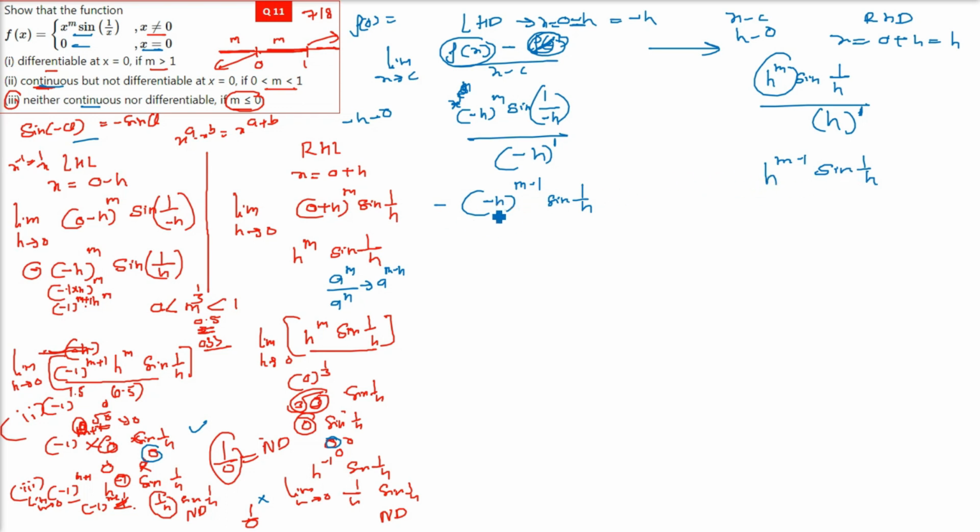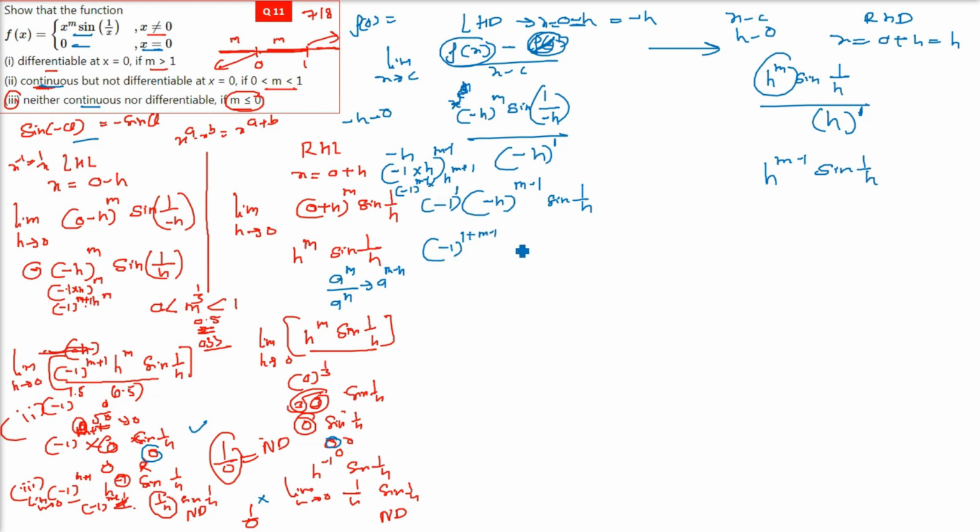If we make them equal, we just have to prove it once. So minus h can be written as minus 1 into h, raised to the power m minus 1. So minus 1 to the power m minus 1 into h raised to the power m minus 1 you can write. This minus 1 to the power 1 was already there. When we take minus 1 to the power m minus 1 outside, the powers will be added. So 1 plus m minus 1, so this 1 gets cancelled.